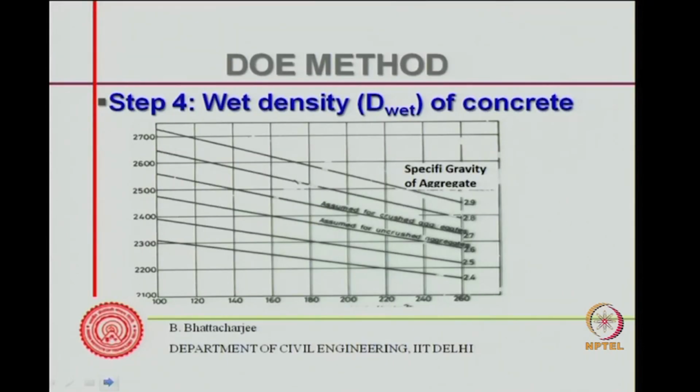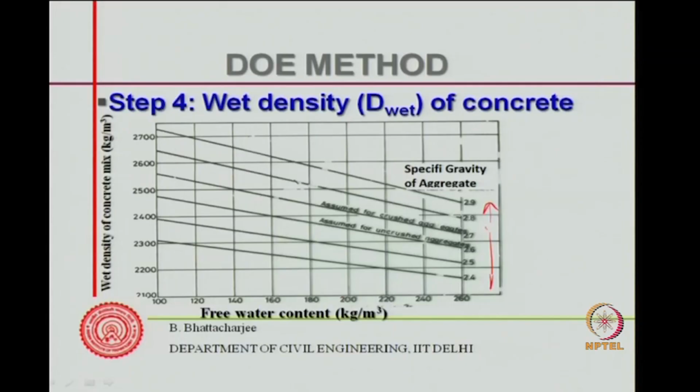This is done from a figure like this, where the wet density of concrete is plotted against free water content for various specific gravities of aggregate. So you know the specific gravity of your combined aggregate, because you know the combined grading and their proportions, and you know your free water content.